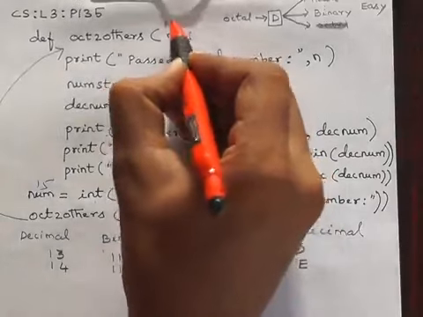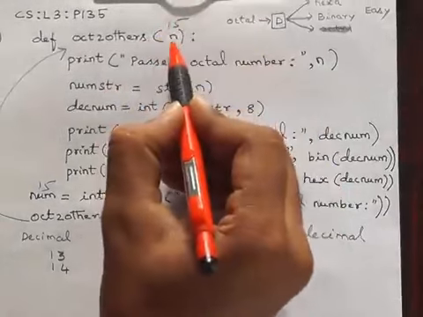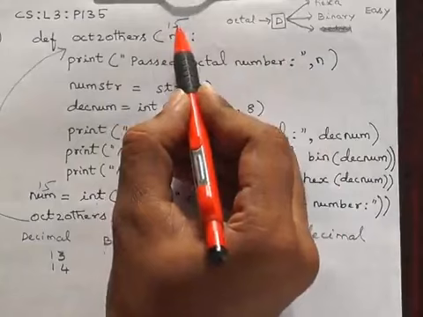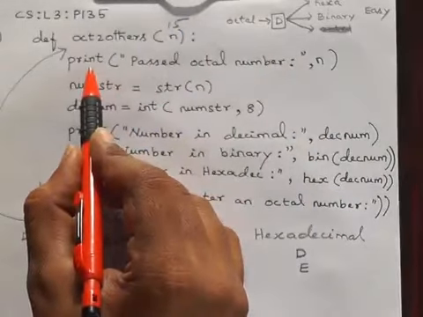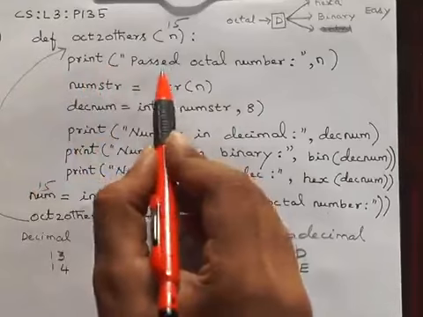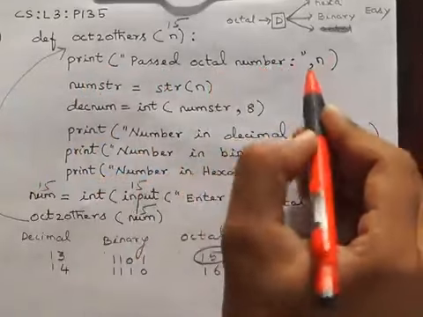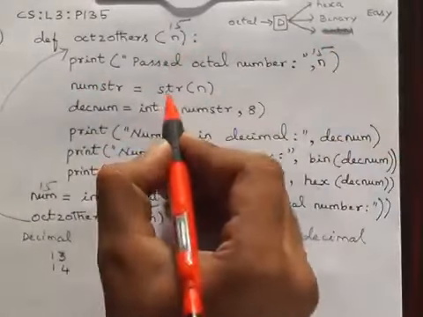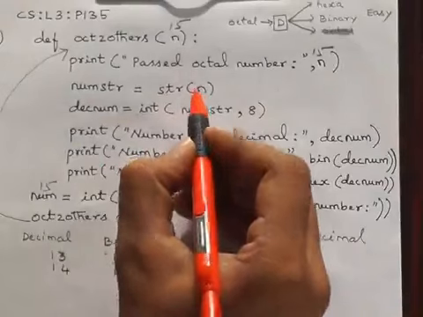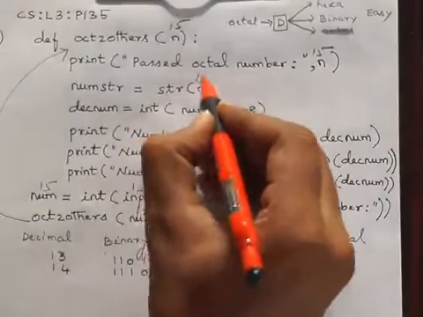So here we can write 15. What is the value of n? It is 15. Now it is going to print something. What will be printed? Octal number 15. This will be printed, and next str n, that means str of 15.